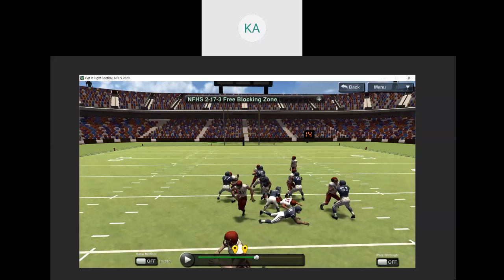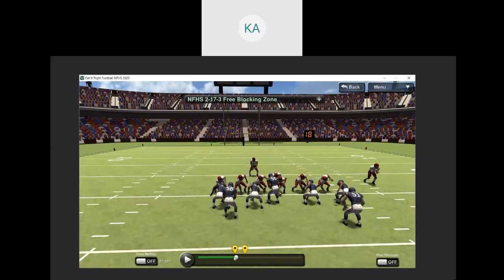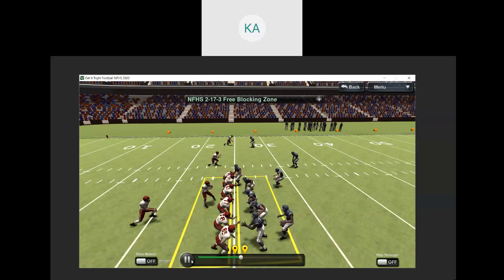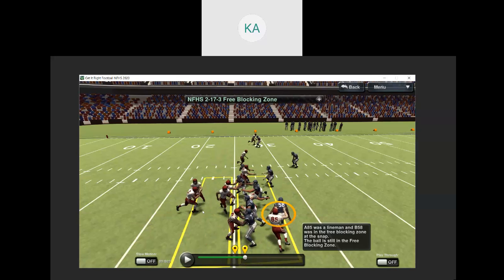Because, again, the other piece that you were talking about is whether or not the ball was still in the free blocking zone. That takes us back to this view here. Ball still in the free blocking zone. They were both in the free blocking zone at the time of the snap. So that makes that a legal block in the back right there.